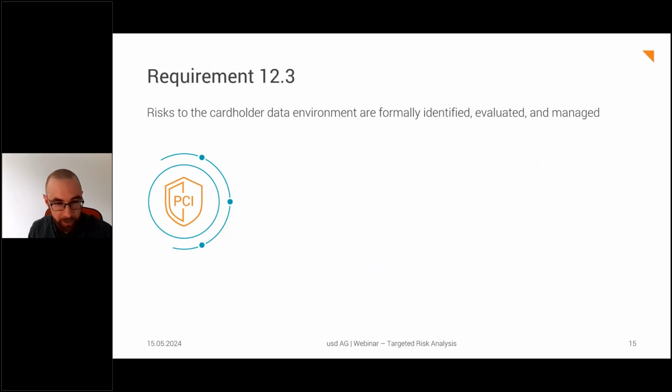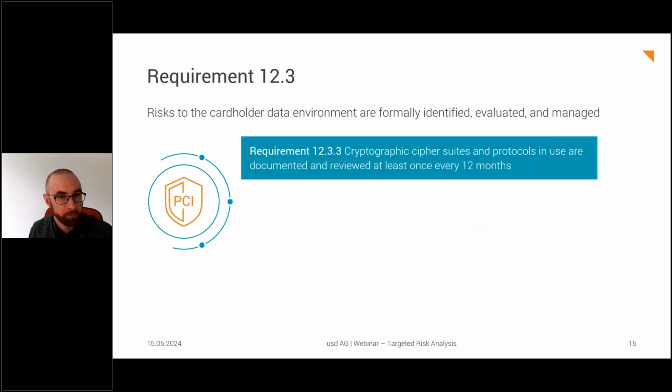As a next sub-requirement, we have 12.3.3. This sub-requirement is about cryptographic cipher suites and protocols that are in use, and those should be reviewed at least every 12 months.